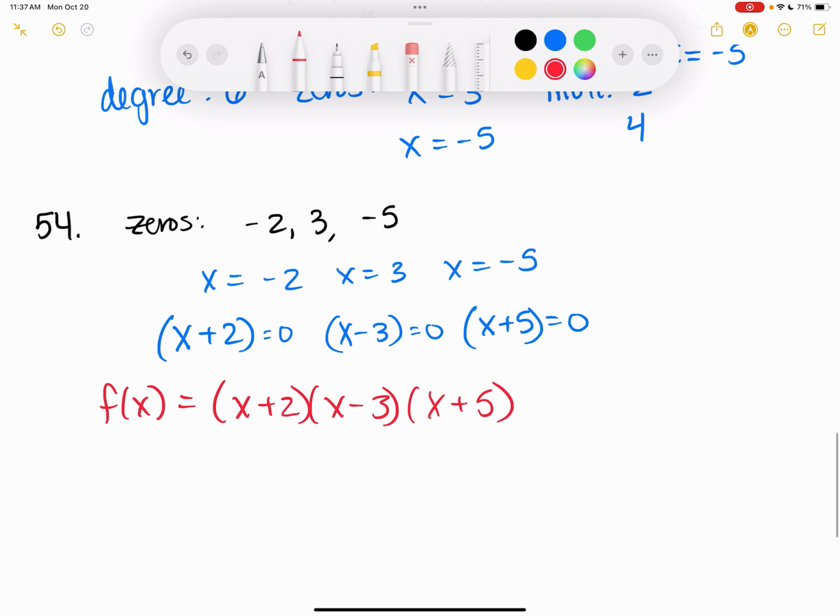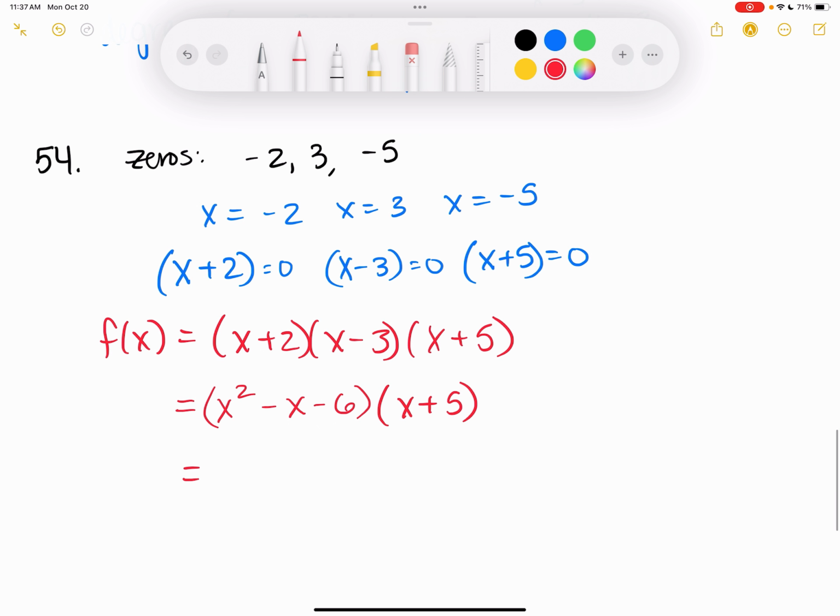So if I do the first two, I've got x squared minus 3x plus 2x, so minus x, and then minus 6, being multiplied by x plus 5. So that gives me x cubed plus 5x squared minus x squared minus 5x minus 6x minus 30.